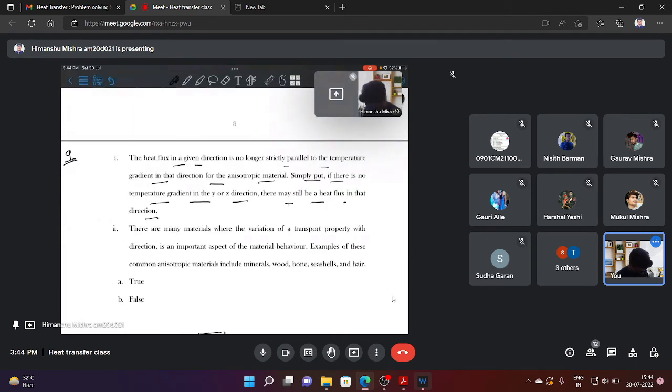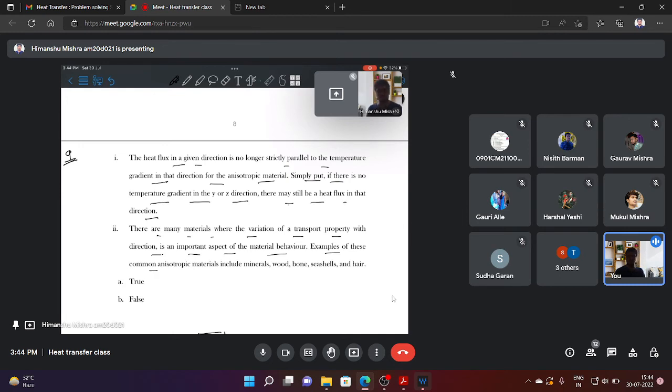So yeah, the second statement says that there are many materials where the variation of a transport property with direction is an important aspect of the material behavior. An example of this is a common anisotropic material. Yeah, so the second statement is true.